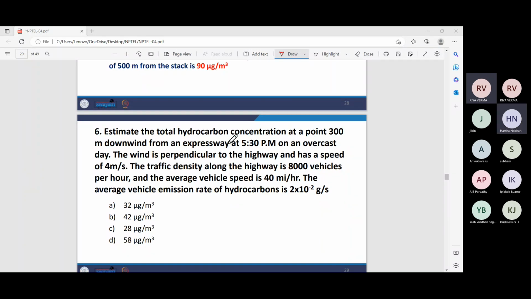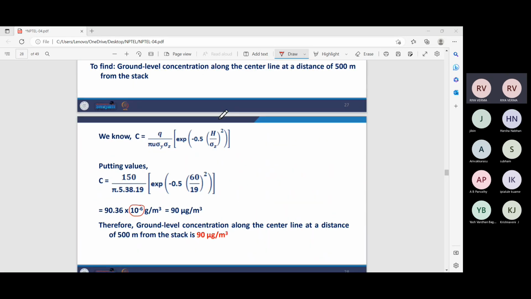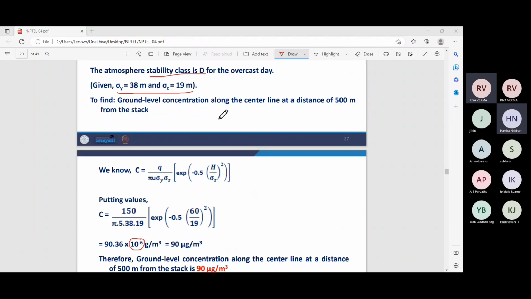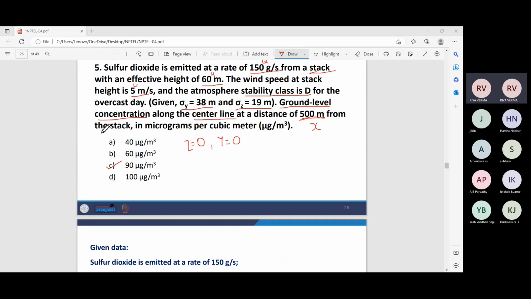You said that if they didn't give the sigma y and sigma z values, we have to use the graph and find the value, ma'am. Yes, true. And what if we couldn't read it properly, or we round off and the number is not close? Then the answer will change, ma'am. So basically, in these types of objective questions, they will give you the values of sigma y and sigma z because they want the answer of all the students to be the same.